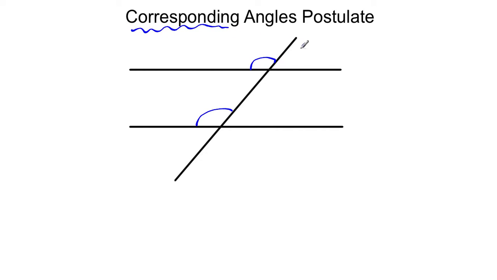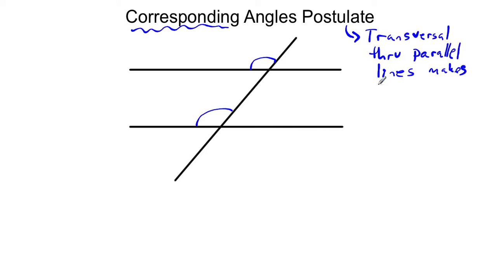So corresponding angles when cut through parallel lines. So when a transversal cuts through parallel lines, it makes corresponding angles congruent.